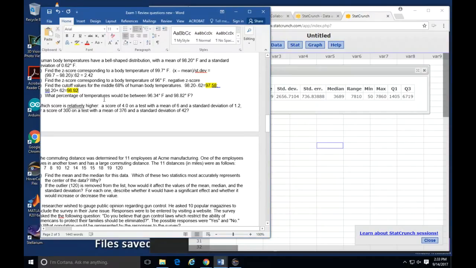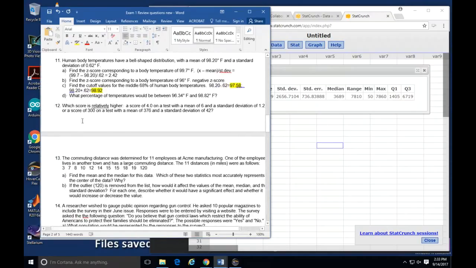So the middle 68% of the body temperatures would be between those 2 values. Okay, and then if we wanted to figure out part D, what percentage would be between these 2 values, we'd want to figure out how many standard deviations those were either above or below the mean.